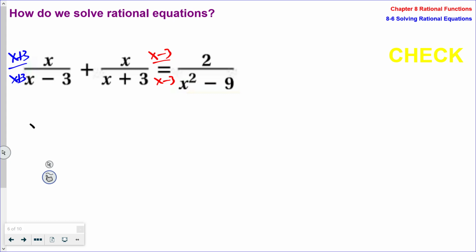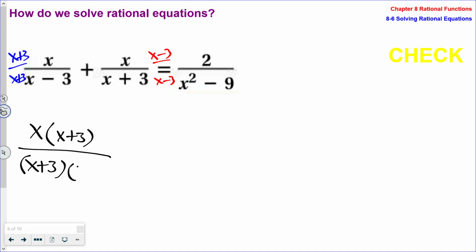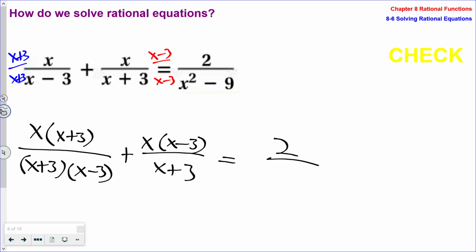So now we have x times x plus 3 over x plus 3, x minus 3, plus x times x minus 3 over x plus 3, x minus 3, equals 2 over x squared minus 9.